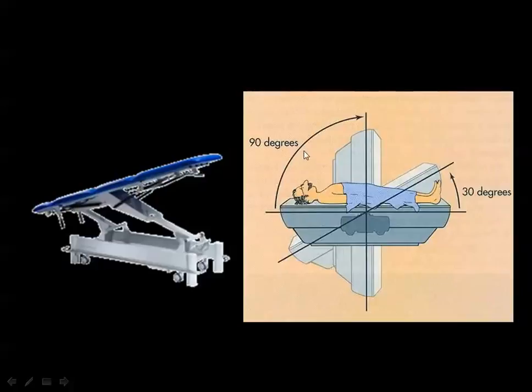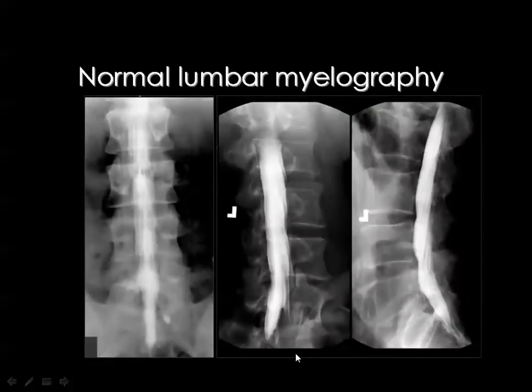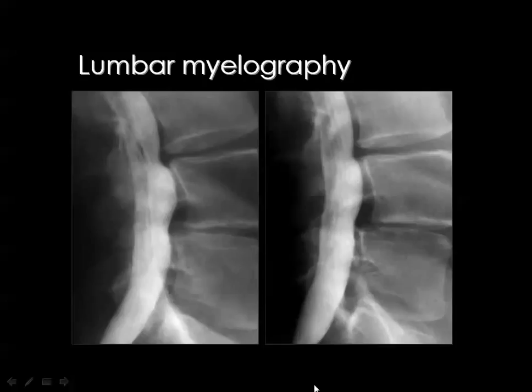Then you reposition the table and have your films. In the lumbar spine, we have the frontal view, lateral view, and both obliques, left and right, in the supine position as well as in the erect position. And here we are looking for only the presence of disc lesions.